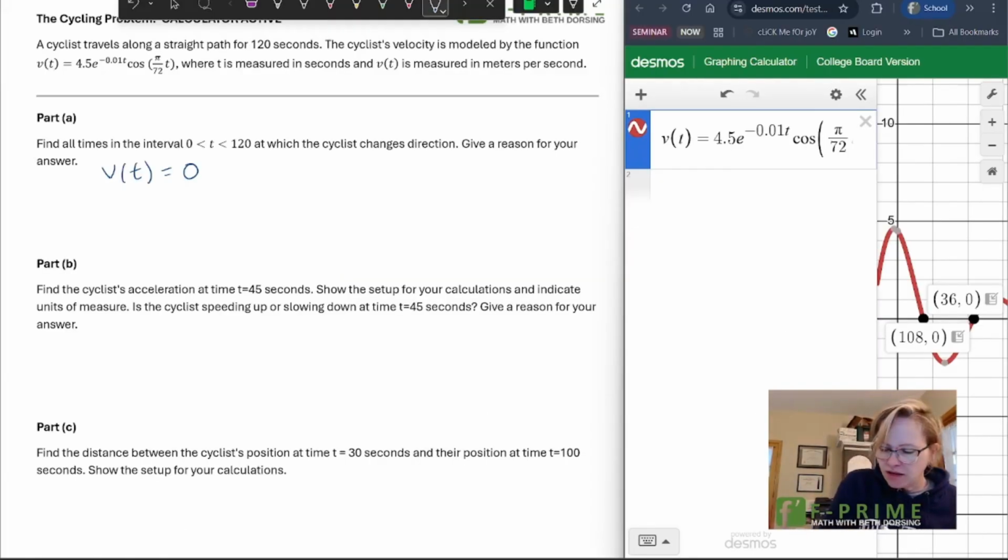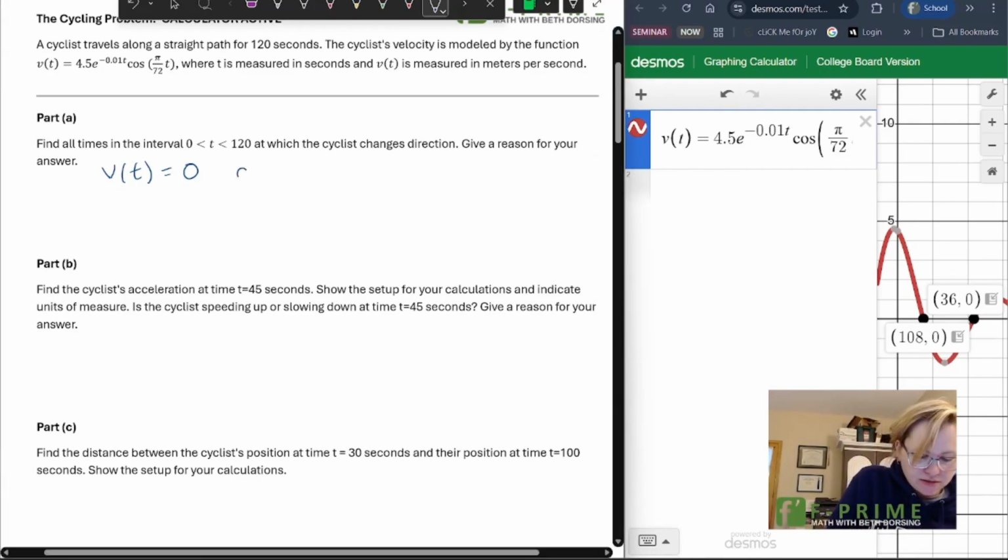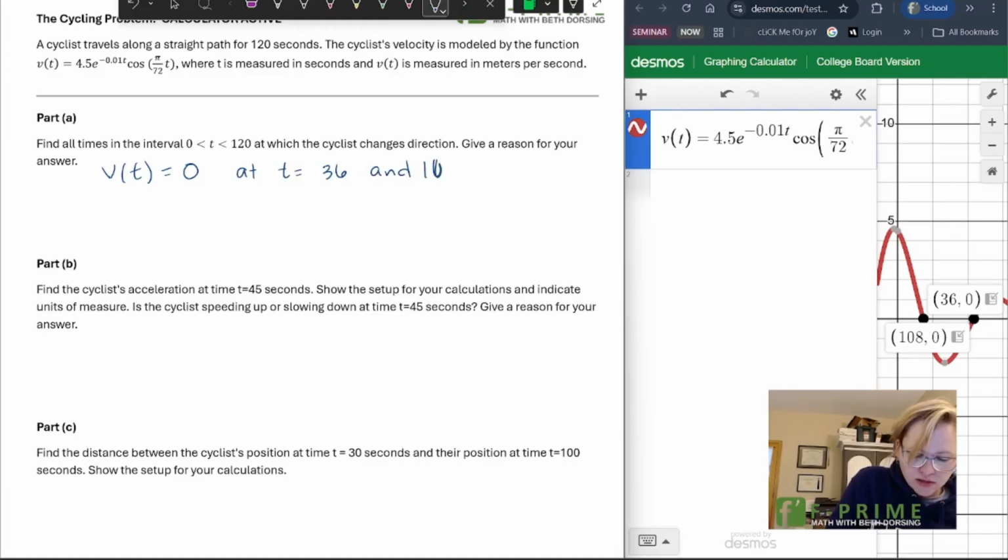All right, I'm going to record that the velocity v of t equals 0 at t equals 36 and 108. I'm also going to mention that the velocity also changes sign.